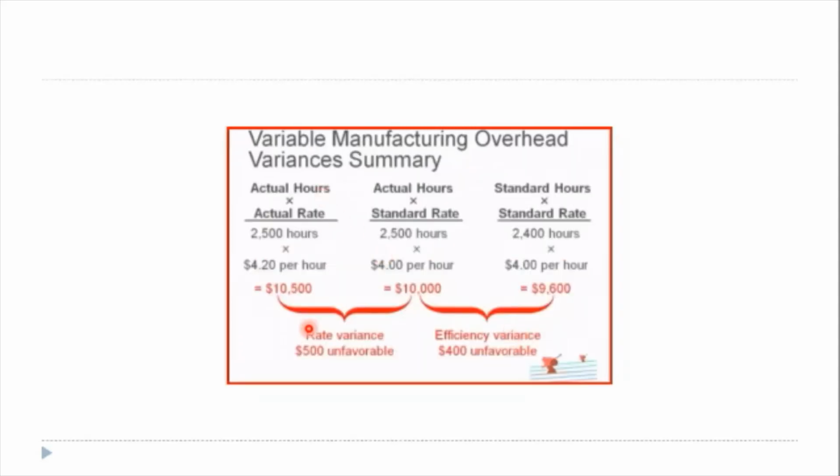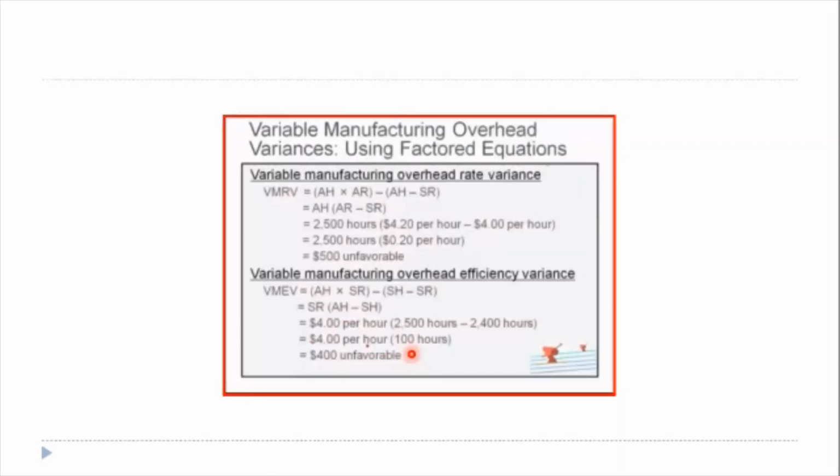Again, we work out this column, then we work out the middle column, and the difference between these would give us our rate and our efficiency variances. Variable manufacturing overhead could also use the formulas. You notice it's the same thing, it's just the letters changing.